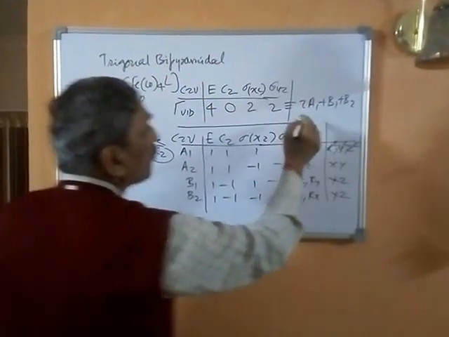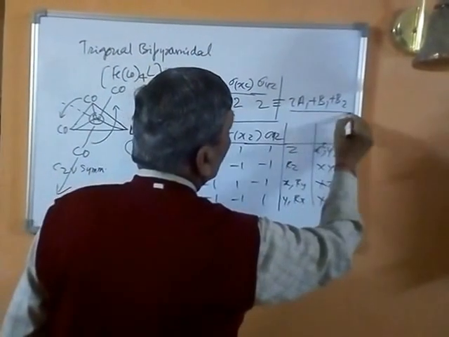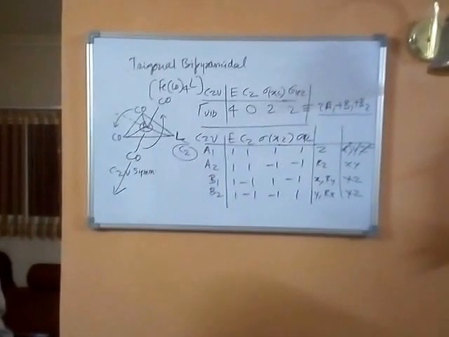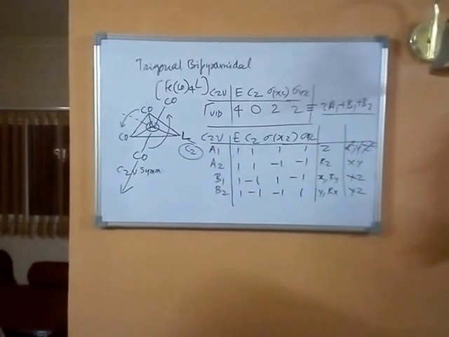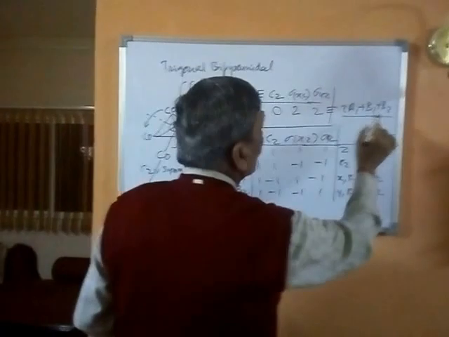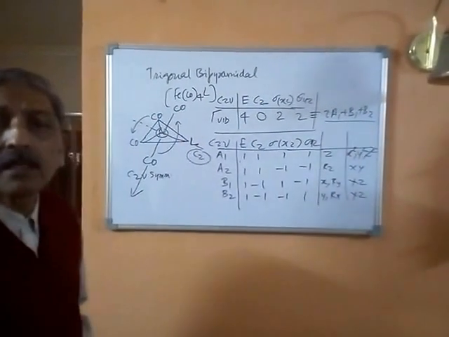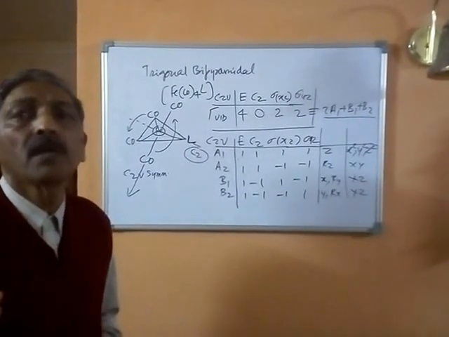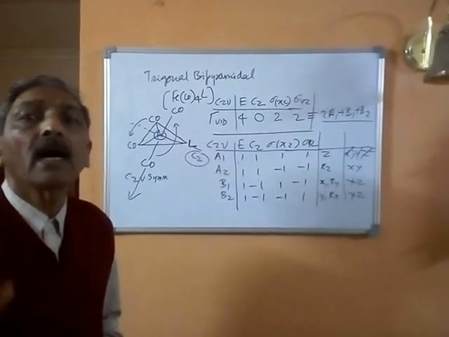In the same way, 2 and this character will cancel out. So this breaks down into 4 irreducible representations, that means 2 A1s, 1 B1 and B2, and therefore this tau vibrational corresponds to the 4 irreducible representations, and each irreducible representation is an IR band.